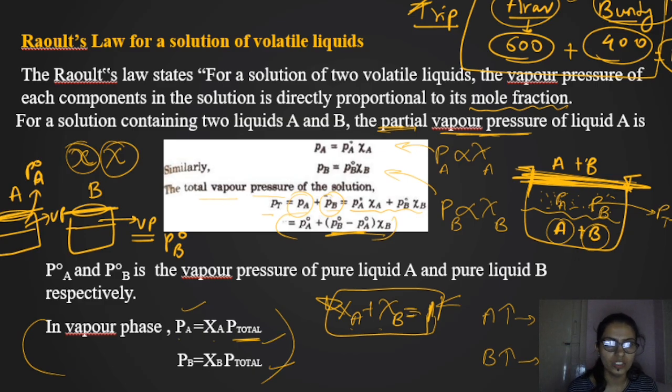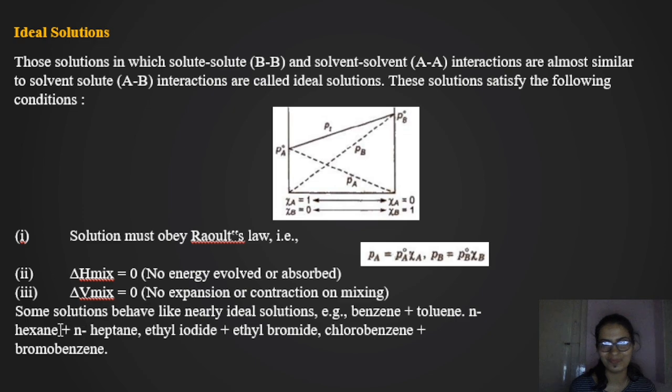Now let us move on to our ideal solution. So what is this solution again? Look, we see many different types of solutions in our daily life, right? Suppose you went to a party, your friend's birthday party. In that party they have arranged a drink, a juice, and that juice is made by mixing two components.